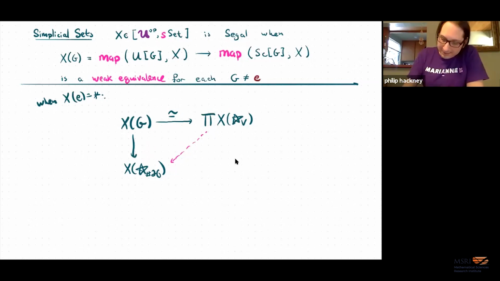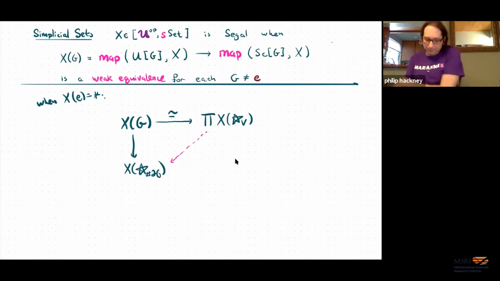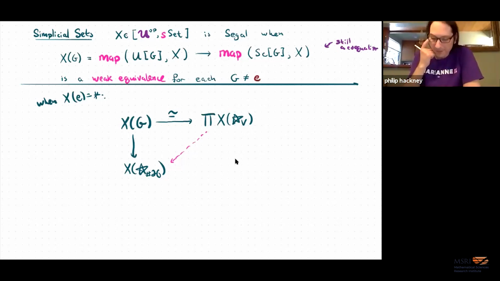I should emphasize that this side is still a limit. But maybe I won't make too big a deal of that.